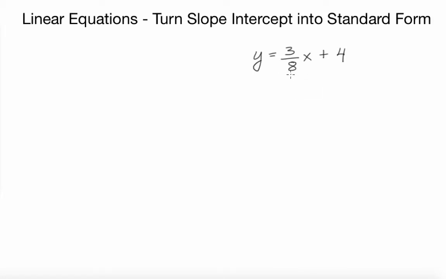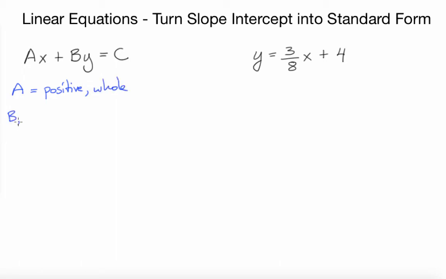So a little bit about standard form is it looks like this: a times your x variable, plus b times your y variable equals c. And there's some specific things that need to happen for a, b, and c to be standard form. My value for a can't be negative, it has to be positive, and it has to be a positive whole number, so no fractions.